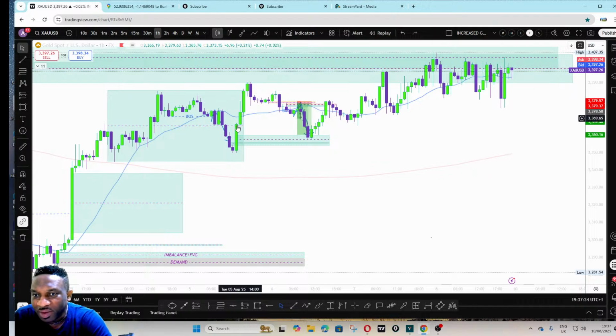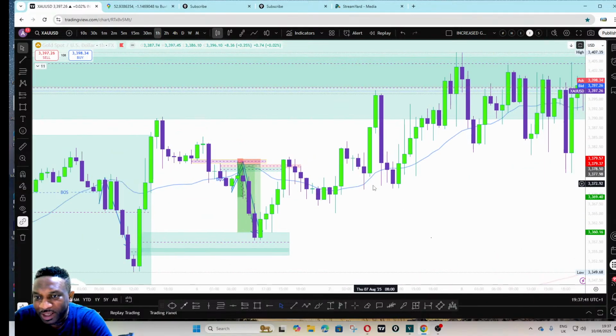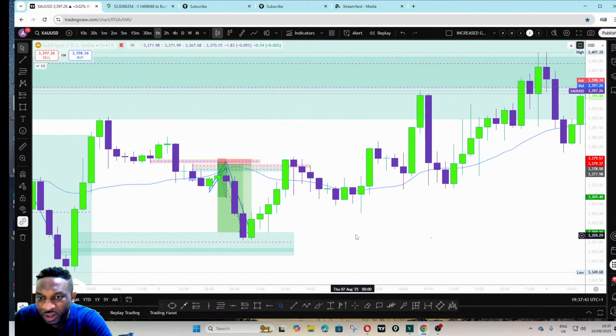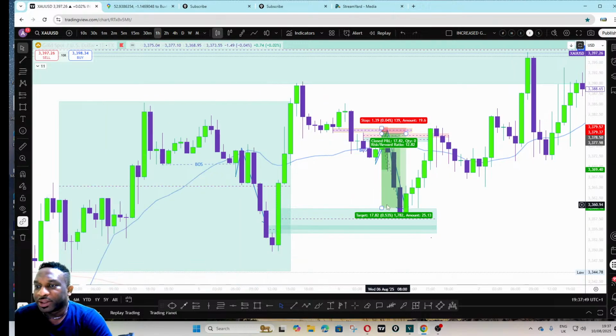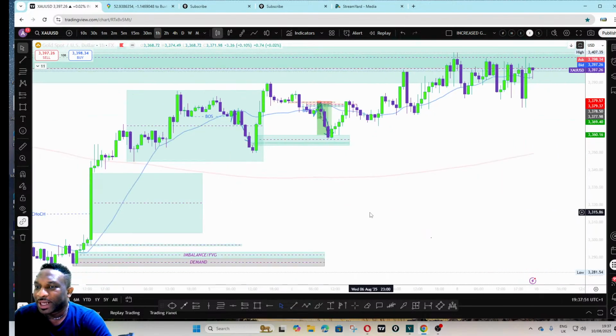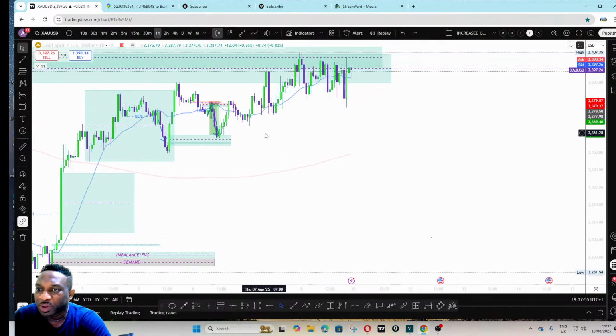After we did the morning session with this trade here, this was another trade we took, from here to this low. Okay, so that's on gold. That's what we did last week.